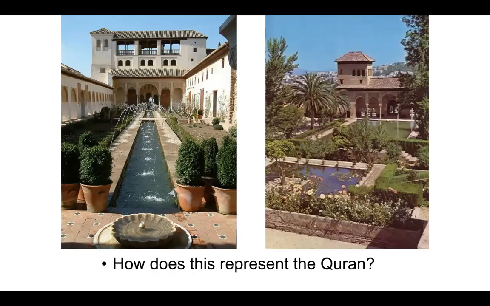So there often is a water feature in a straight line or in a crisscross, right, to represent those divides. And then there are fruit trees and plants and flowers and water features, all to show the fertility of the earth, to represent that garden. They also create these really nice quiet spaces before you enter into different parts of the structure.